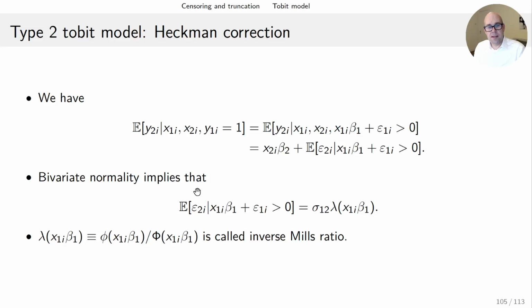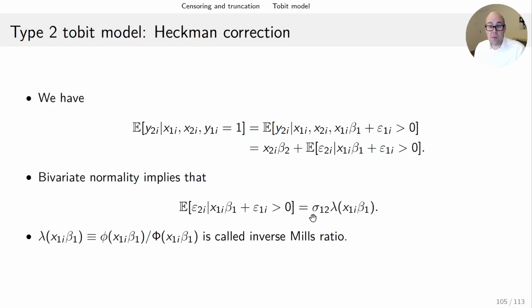The insight was that bivariate normality actually implies that the expectation of epsilon 2i given that epsilon 1i is bigger than minus x1i beta 1 has a closed form.